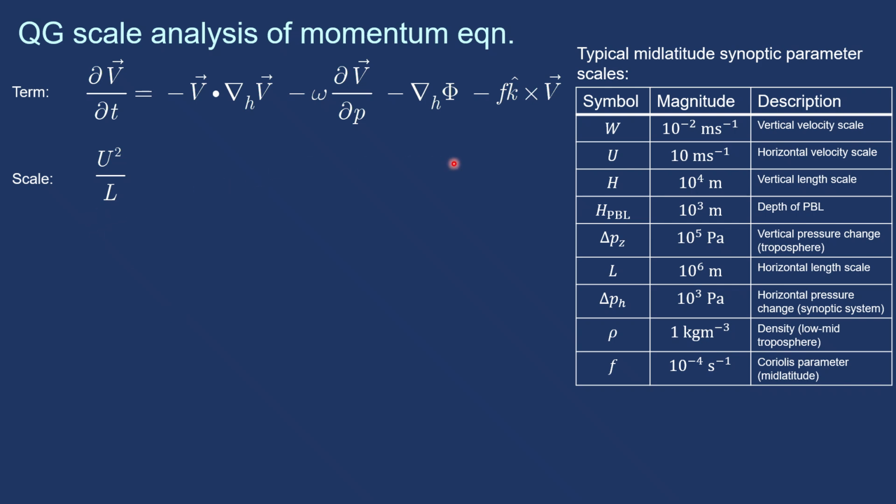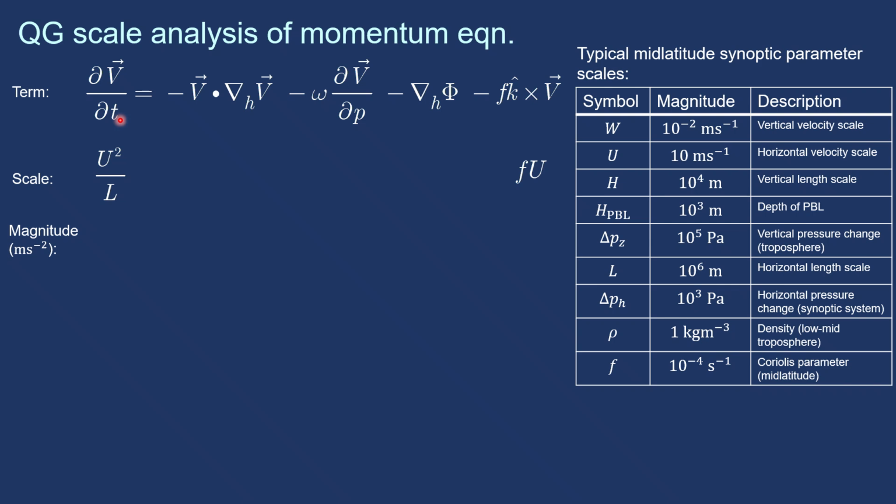If we go all the way to the other side of the equation, the very last term, the Coriolis term, we have a cross product, which is effectively multiplication. We have the Coriolis parameter f multiplied by v, the horizontal velocity scale. So we can write this as the scaling product of the Coriolis parameter times the horizontal velocity scale. We can then write down magnitudes for these terms.